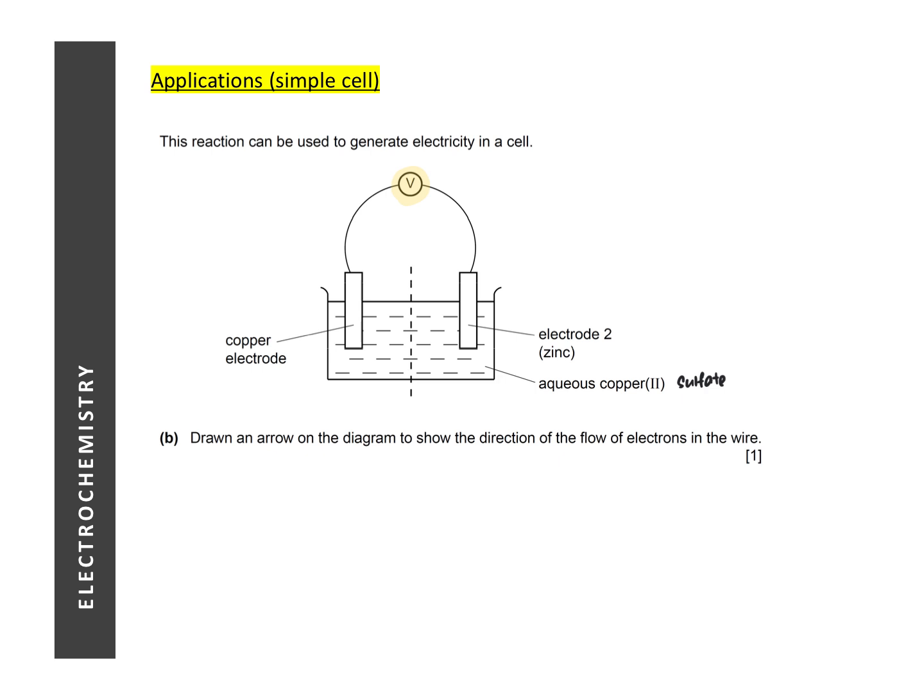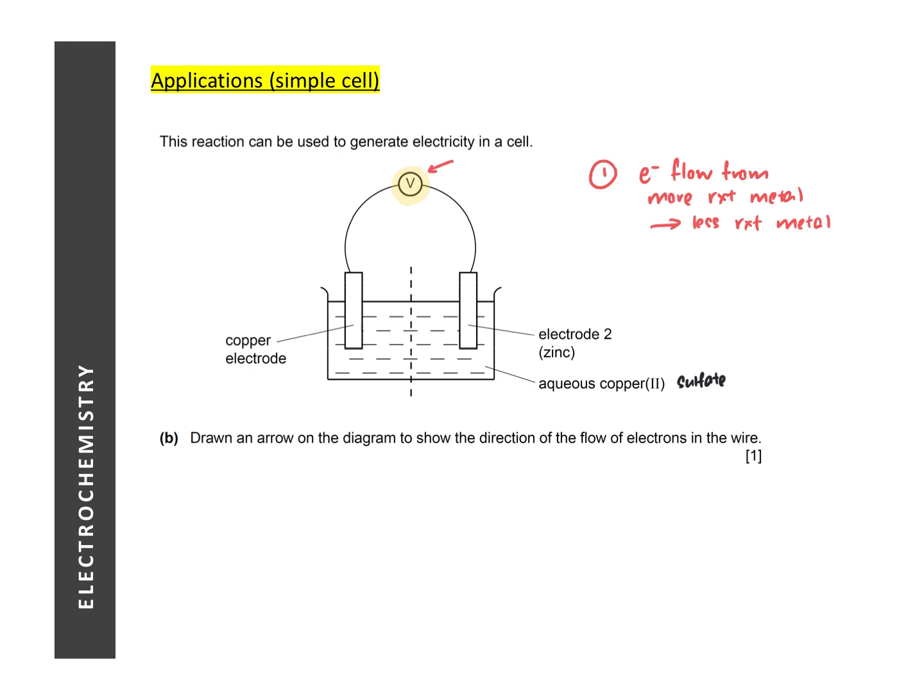Now for simple cells, there are two main concepts that you need to remember. The first main concept is this. Number one, the electrons flow from the more reactive metal to the less reactive metal. So in this question, first and foremost, we have established it to be a simple cell.